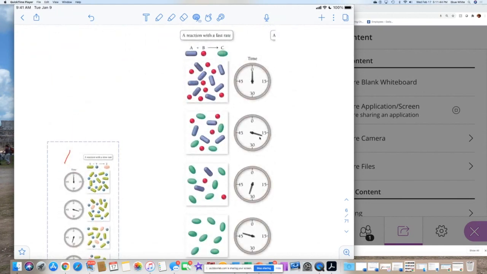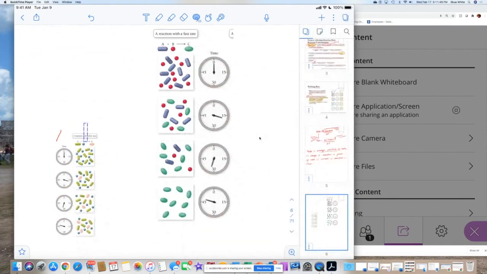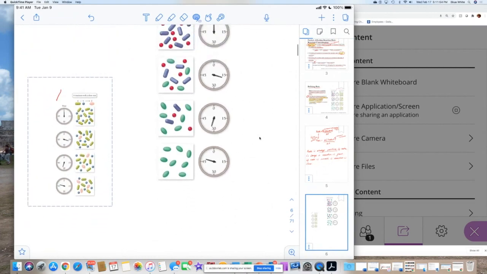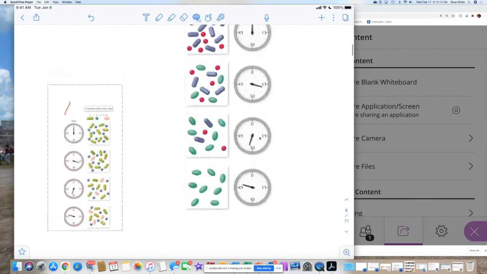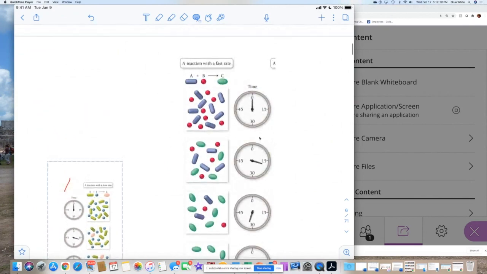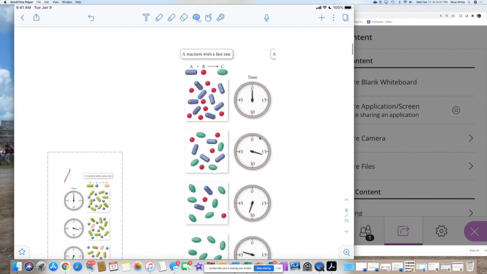Let me see if I can just increase this from here. Maybe it's my pencil. Something is happening to where it's not responding to the pencil. Yeah, this is such a huge problem for me right now. Okay, let me just go ahead and do the first part because this is just a distraction.